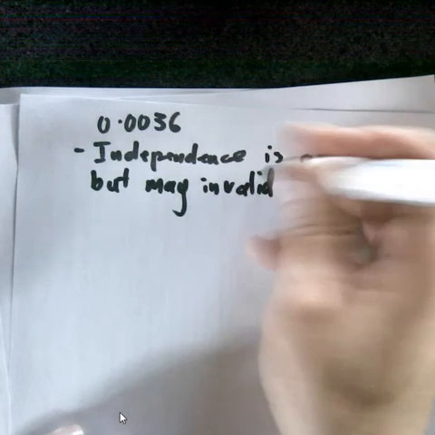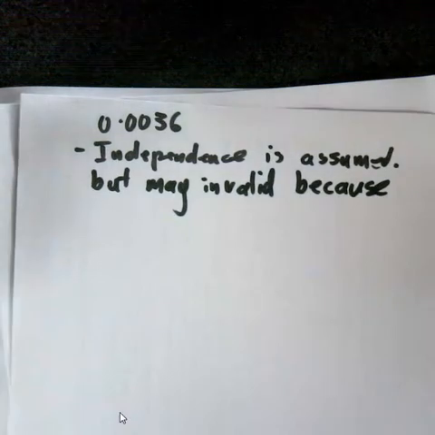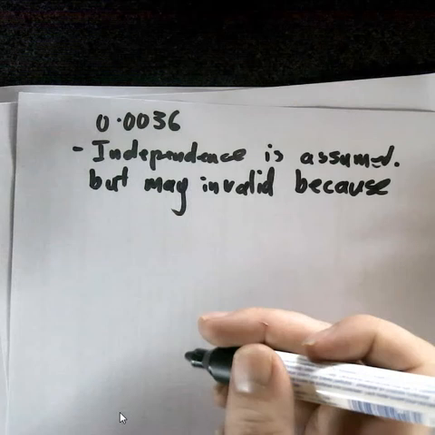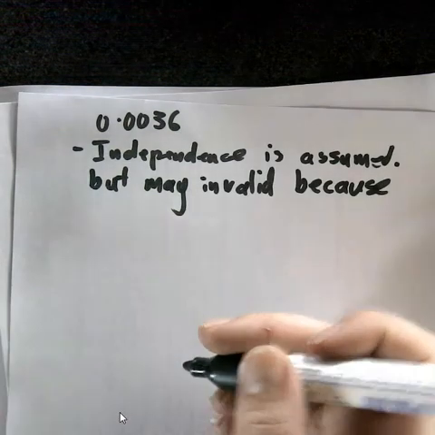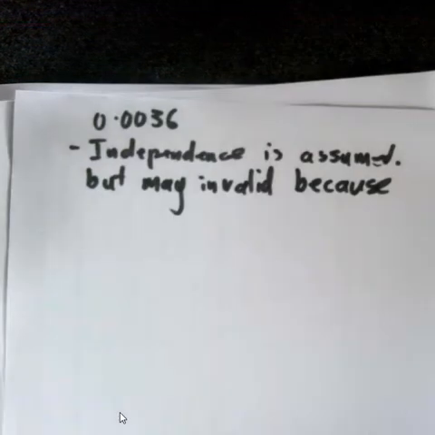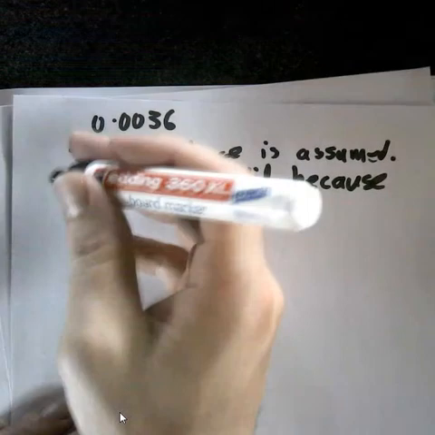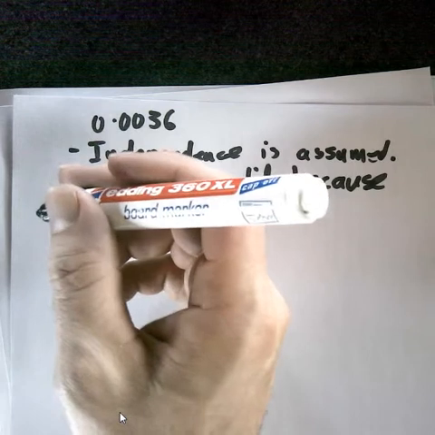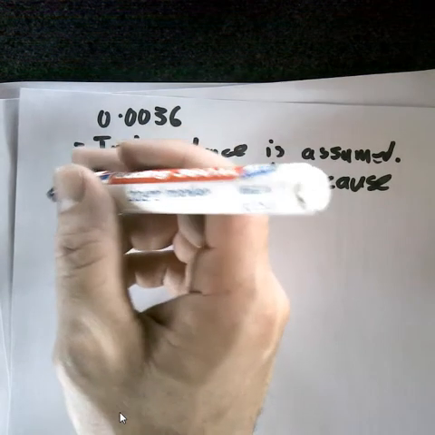Because. Justifying often has the word because in it. So what reasons will we have to believe that these people might be more likely to have the disease? If the first person in a group of 4 people walking into a hospital has the disease, is there any reason the person behind them might also have it? Yeah, it could be contagious, or they could be related. Often people visit hospitals together, and so if they're just going along for a random test, they might be related to each other.